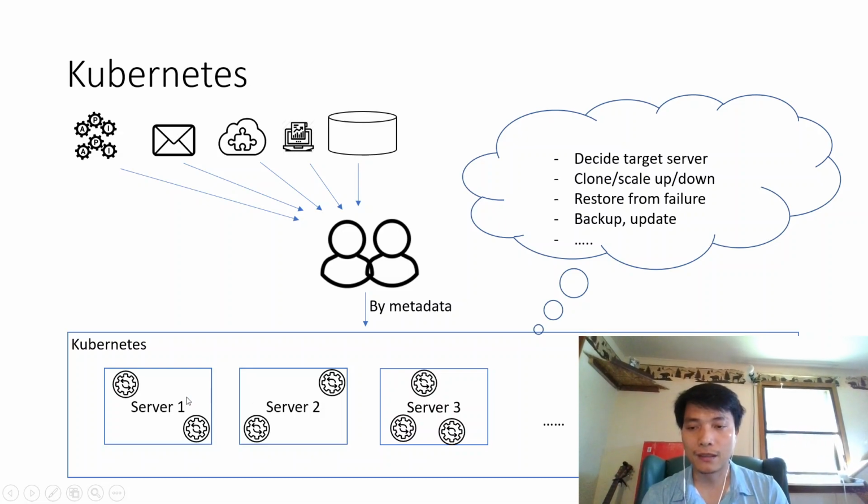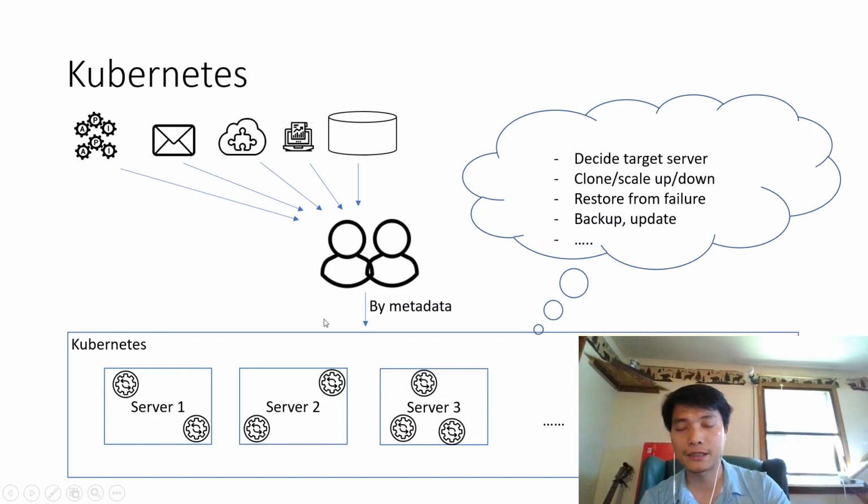So with a single node or multiple nodes, it works almost the same to everything outside, because people using Kubernetes don't work directly with nodes, they work with the whole system.